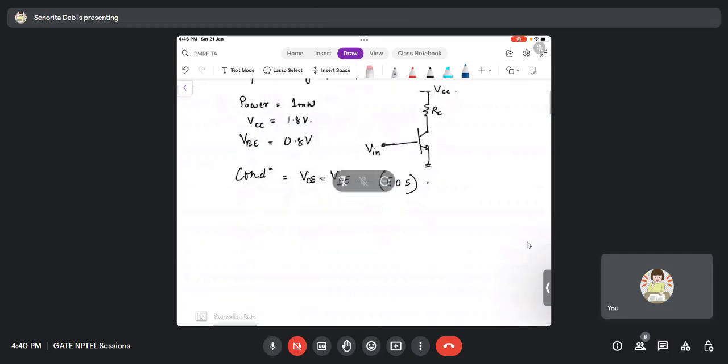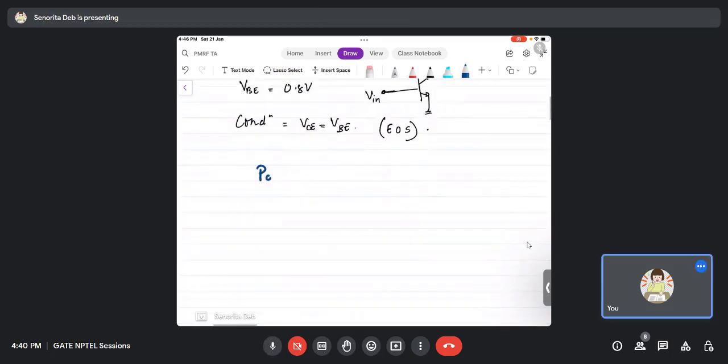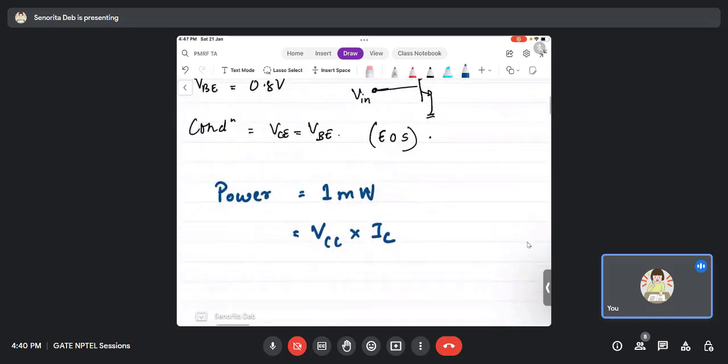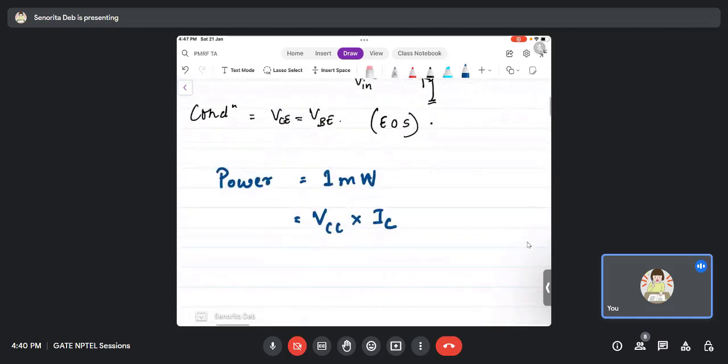So the power is given as 1 milliwatt. What will be the total power? It is VCC times IC, right? IC is the current drawn by the BJT, and VCC is your supply voltage. Supply voltage into supply current. So VCC into IC is nothing but 1 milliwatt.